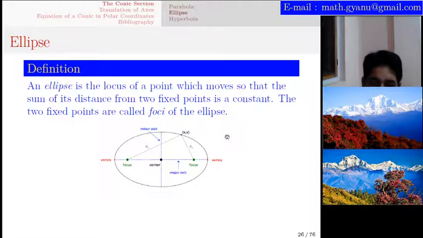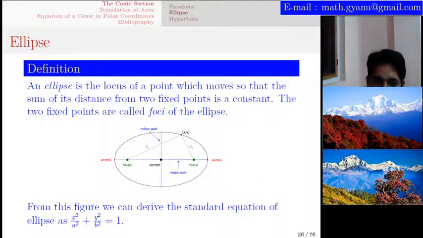From this figure you may derive the standard equation of the ellipse in the form x square by a square plus y square by b square equals 1. But in our syllabus, it's not necessary to derive the equation.